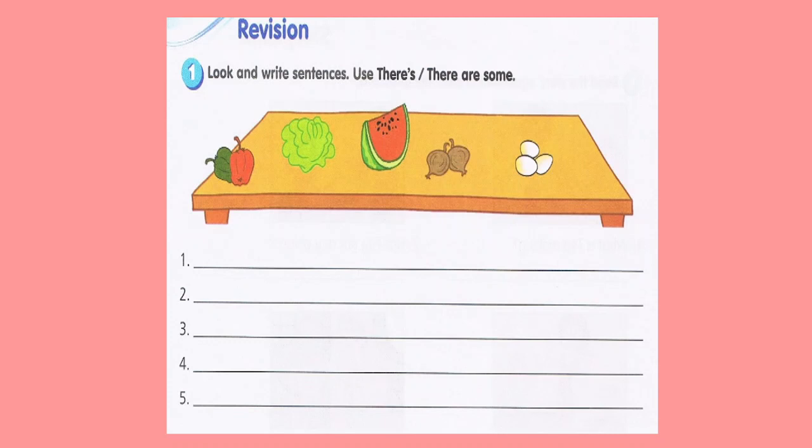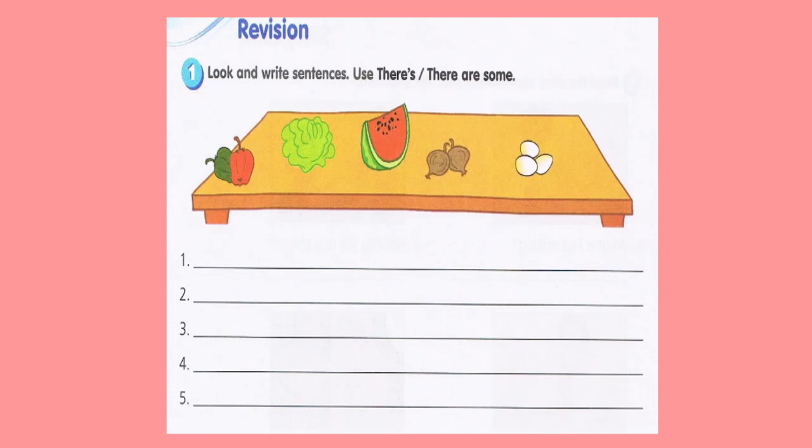Just to remind you all, there's you need to use when there is one item, a singular item, and there are some we use for plural nouns, so more than one item. It doesn't matter if it's 2 items or 3 items.